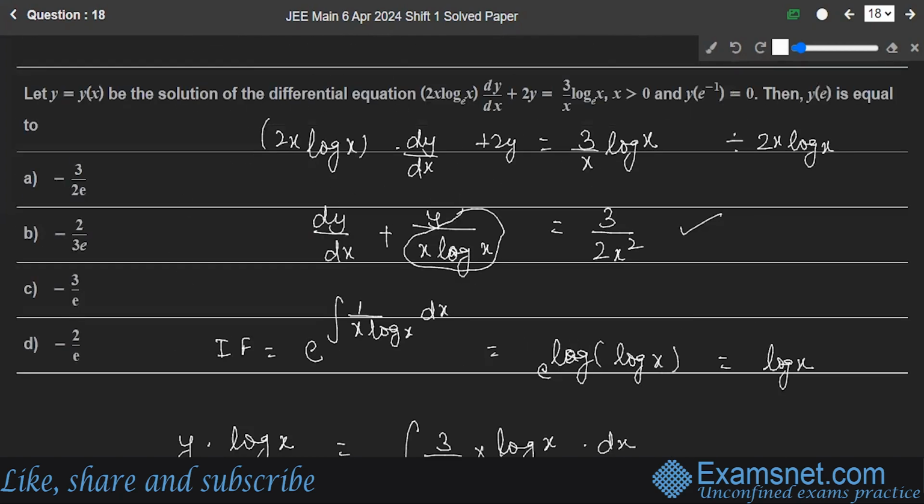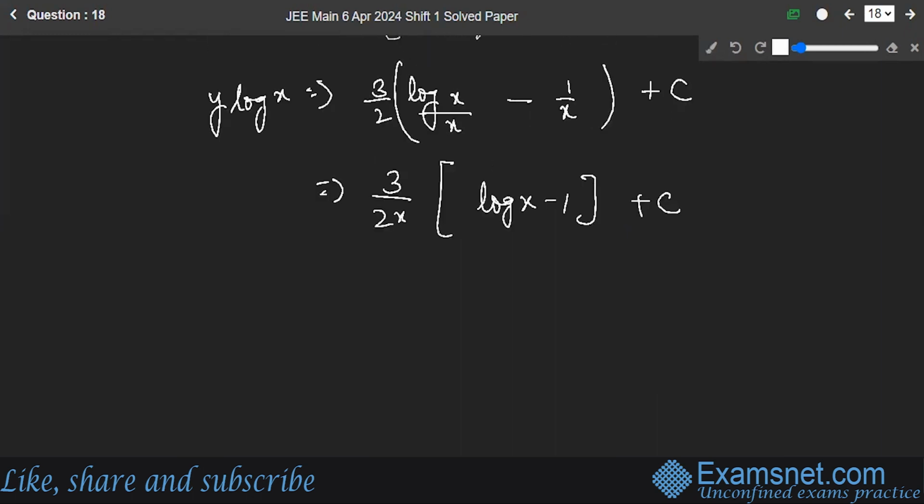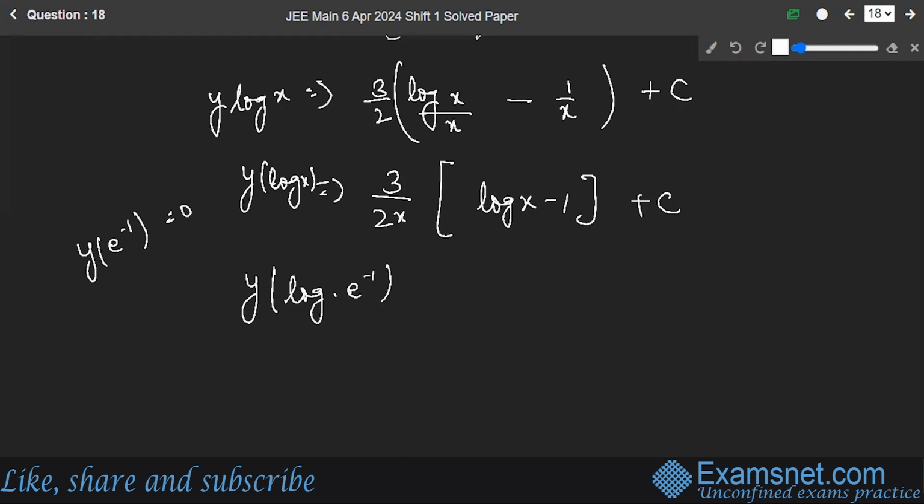Now you're given that y of e power minus 1 is equal to 0. So here is y of e power minus 1. This gives me y of log of e power minus 1 is equal to 3 e power minus 1 log e power minus 1 minus 1, is equal to 0.